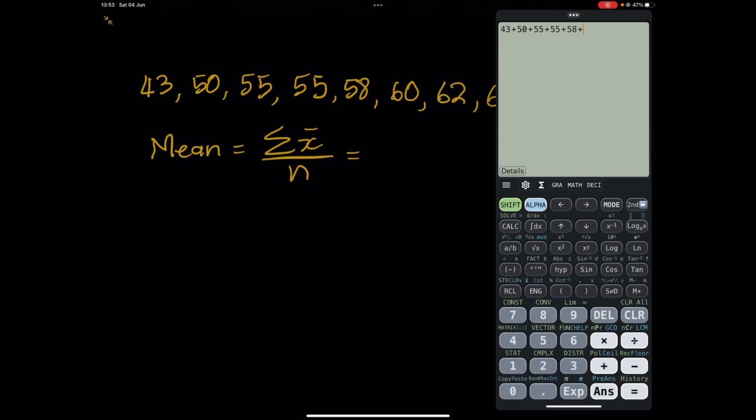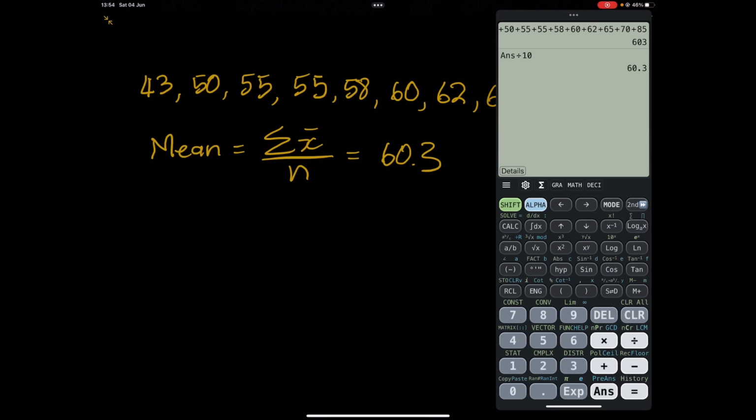I'm going to show you later, when we do another video, how to do this easily using the stat function. The other one is 65 plus 70 and 85, and I get a number 603. Remember, how many data sets do I have in this case? I've got 10, so I'll divide that by 10, which gives us a mean of 60.3.